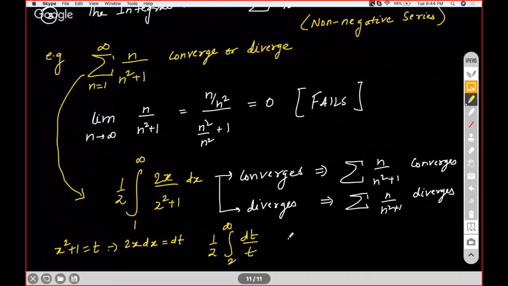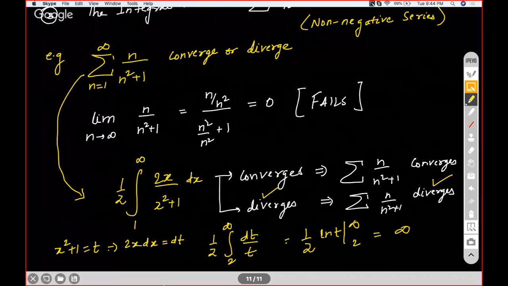So that becomes half ln t from 2 to infinity, which is again infinity. So this integral diverges, so this sum also diverges. Despite the limit of the nth term coming to 0, it's a divergent series.